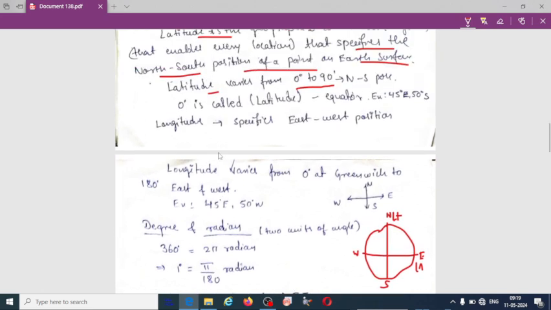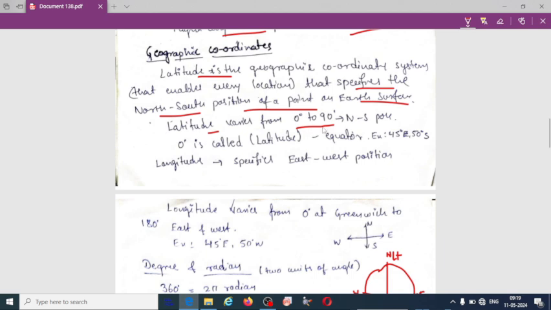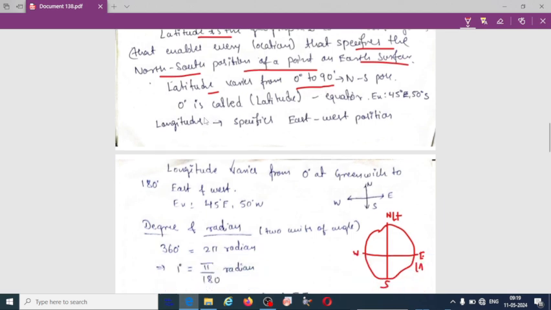Horizontal lines are longitudinal and vertical lines are latitude. So 0 to 90 degrees toward the pole. So 0 degree we call the equator. This is the equator line.